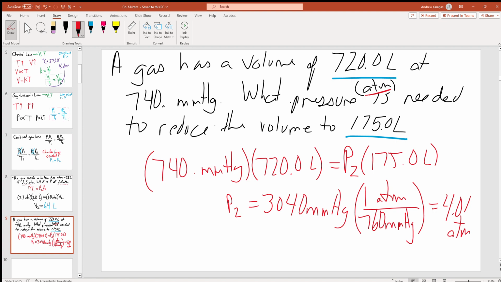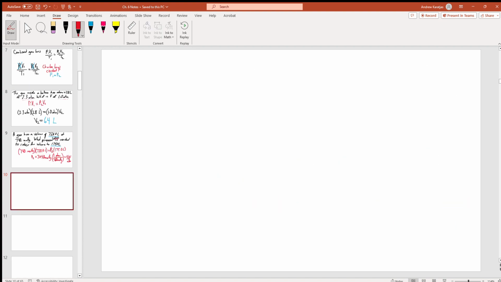All right, let's do one more of these. And this last one is going to be more complicated. So we're going to start with a sample of some gas, and in this case we'll make it argon. But notice about this problem, the identity of the gas doesn't actually matter.